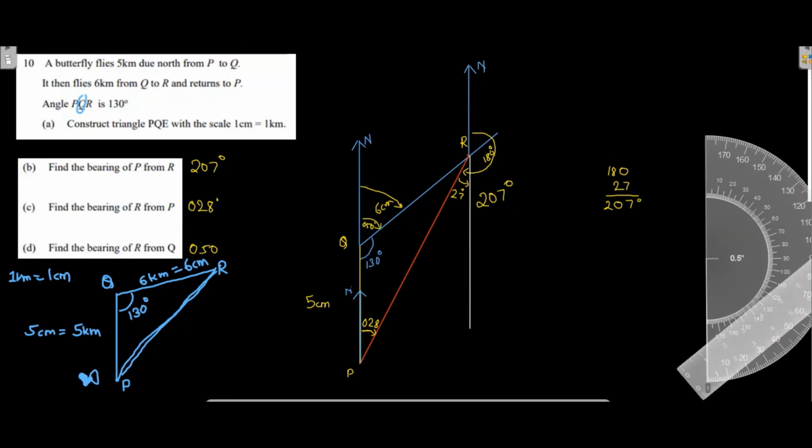From the north line, on the right side in a clockwise direction, draw the angle till you get the other line the question is asking about, then use your protractor to find the angle, and the final answer must be in 3 digits. Follow the same process for all bearing questions and you will be able to solve any type of question like this. For this revision worksheet, this is enough, and the rest you can practice by yourself. All the best.